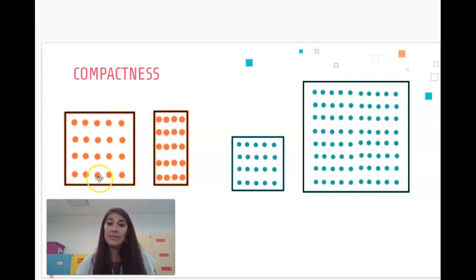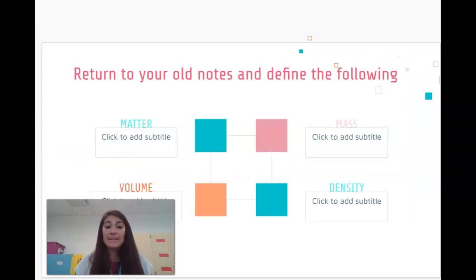Now I'd like you to take some time and draw from your old notes and fill in the information we need here. These terms are going to be really important as we continue to study density. As you get to this portion of your notes, go ahead and pause the Edpuzzle and fill these in. You need to reference your old notes to do so.